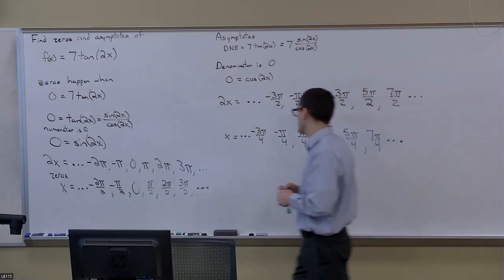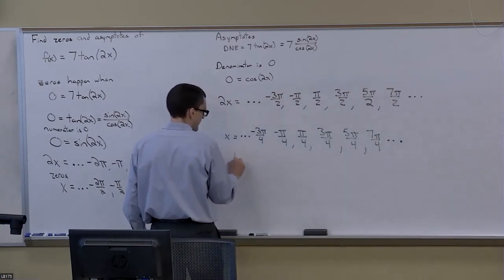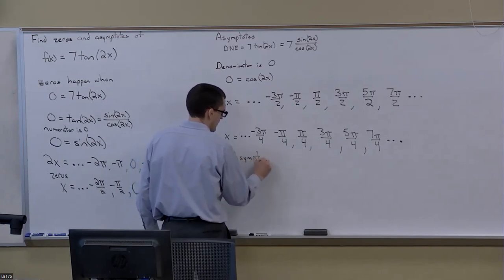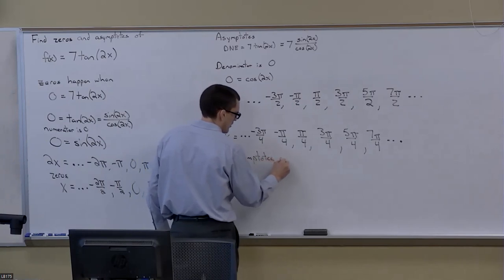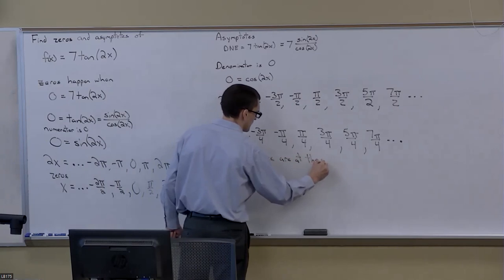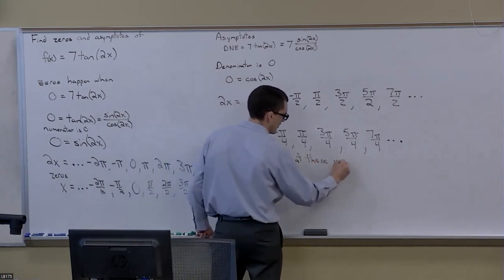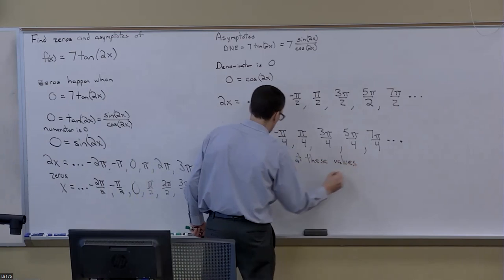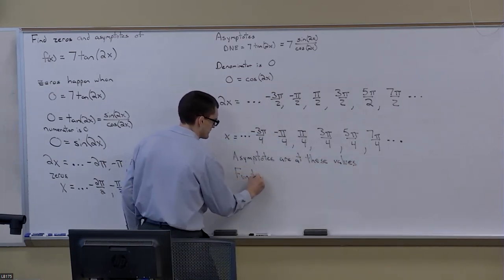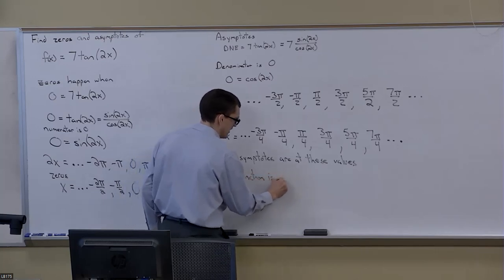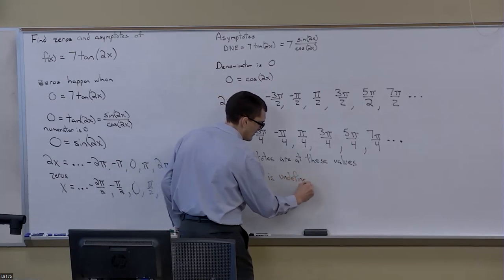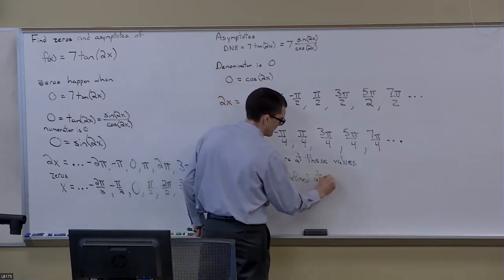So the asymptotes are at these values, and the function is undefined at these values too.